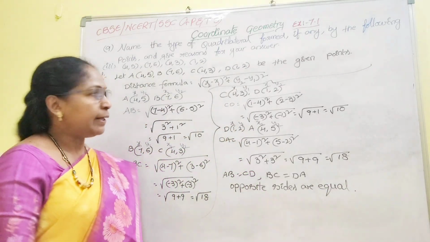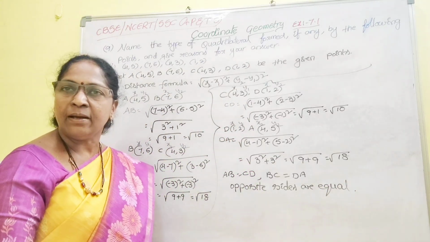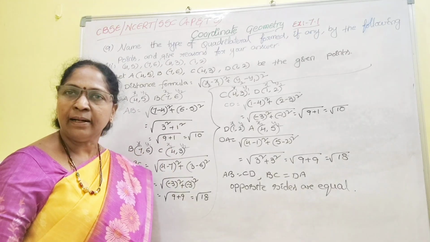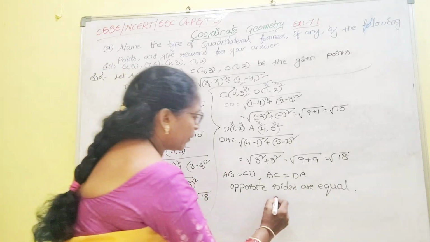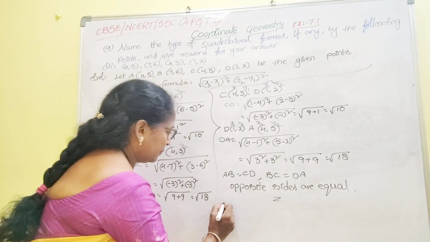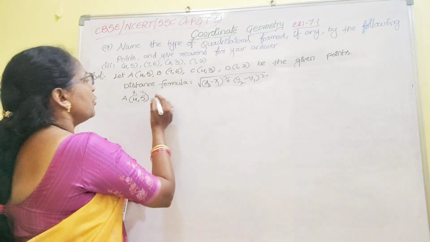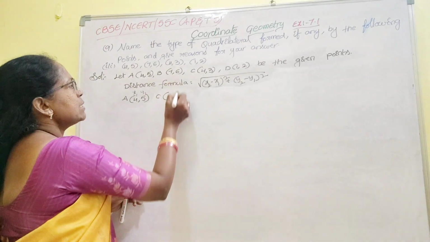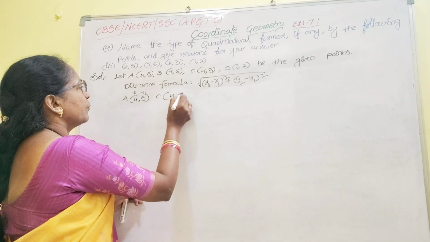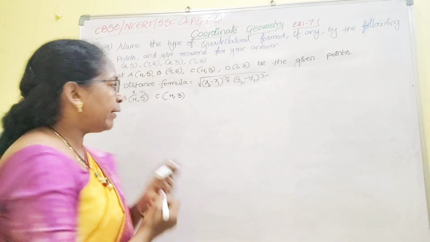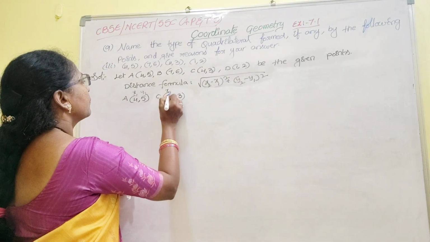Next we have to find out the diagonals. Here diagonals are AC and BD, where AC, A point is 4, 5 and C point is 4, 3. Represent x1, y1 and x2, y2.